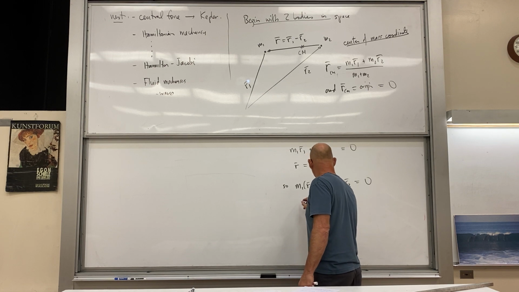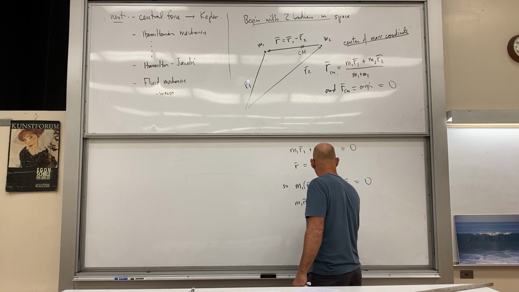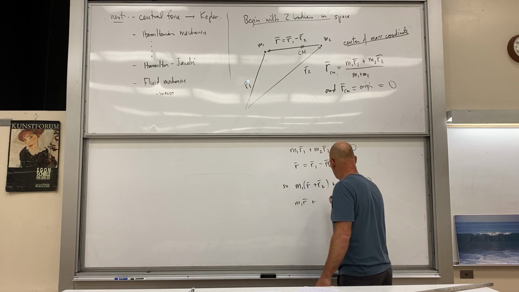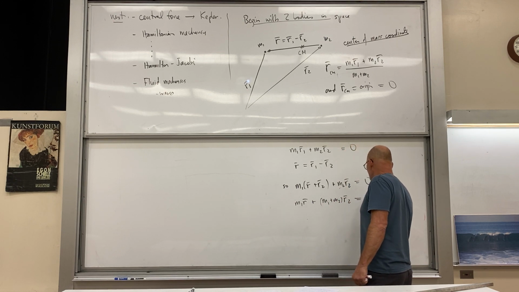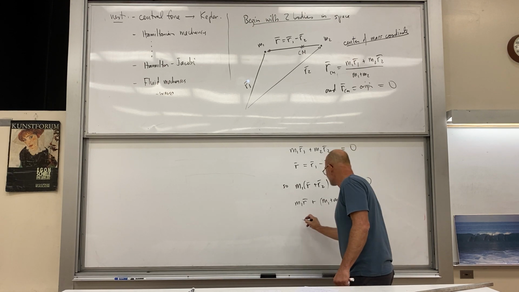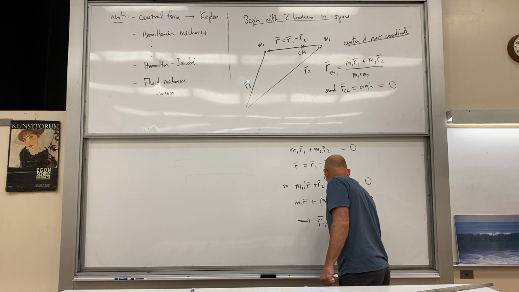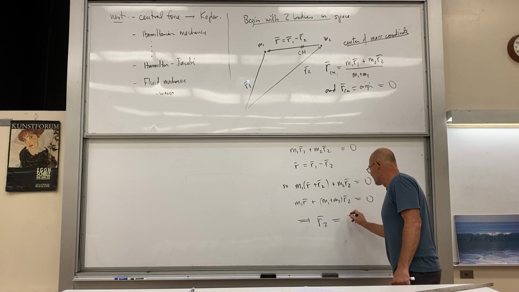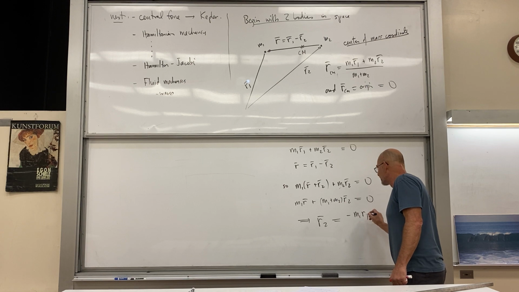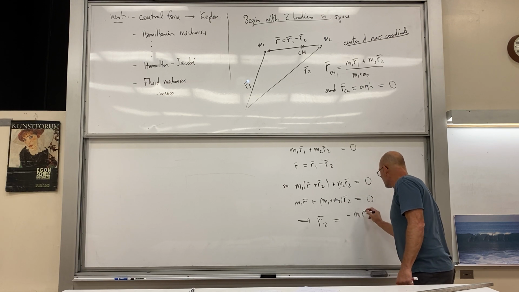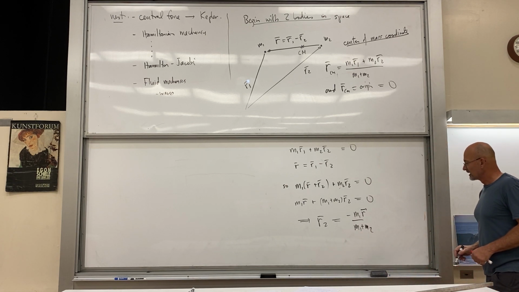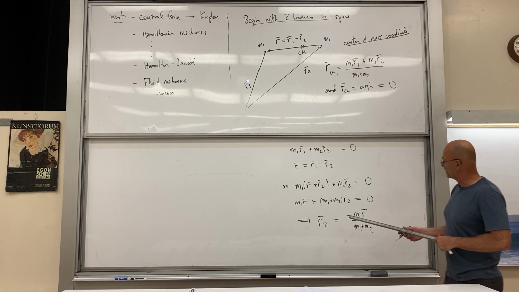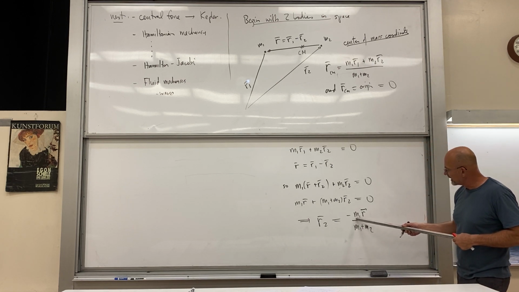Therefore, we have m1 r plus (m1 plus m2) r2 equals 0, and we have r sub 2 is equal to minus m1 r divided by m1 plus m2. It's got a minus sign in front of it.